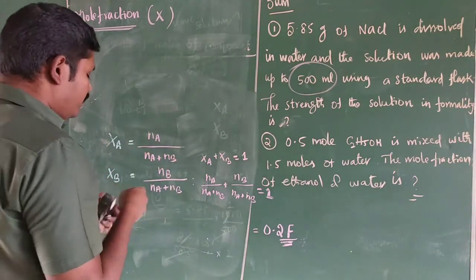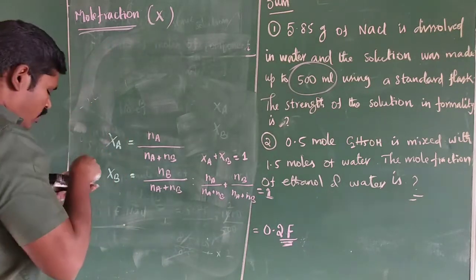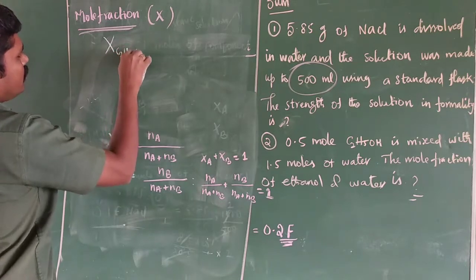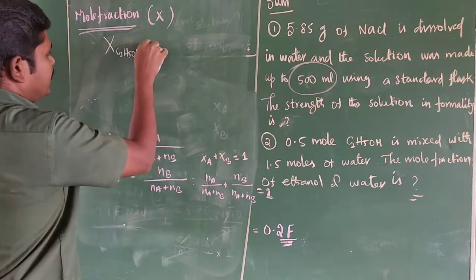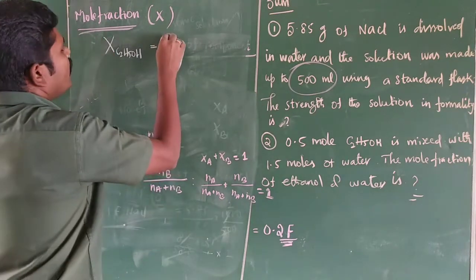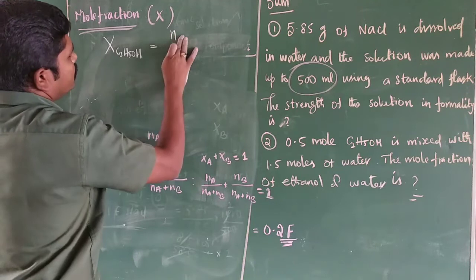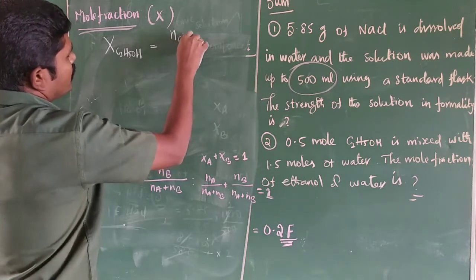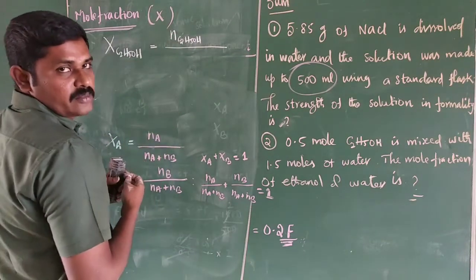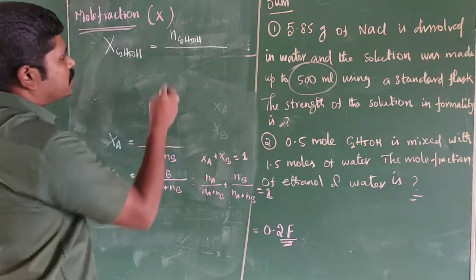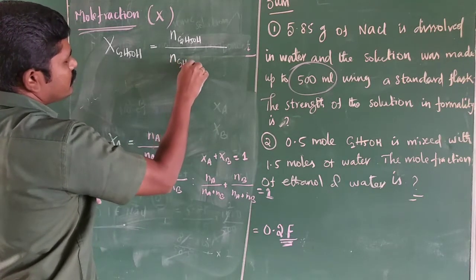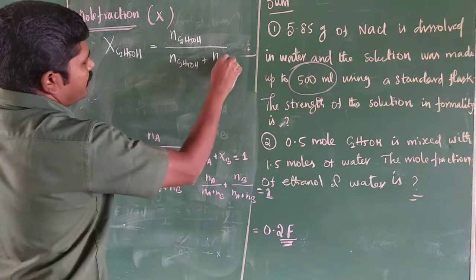The mole fraction of ethanol is equal to the number of moles of ethanol divided by the total number of moles of components, N ethanol plus N water.